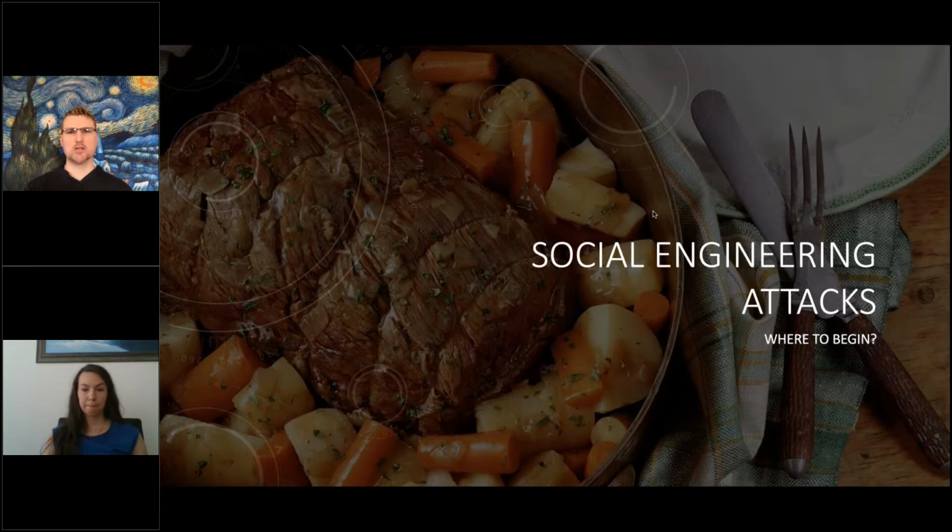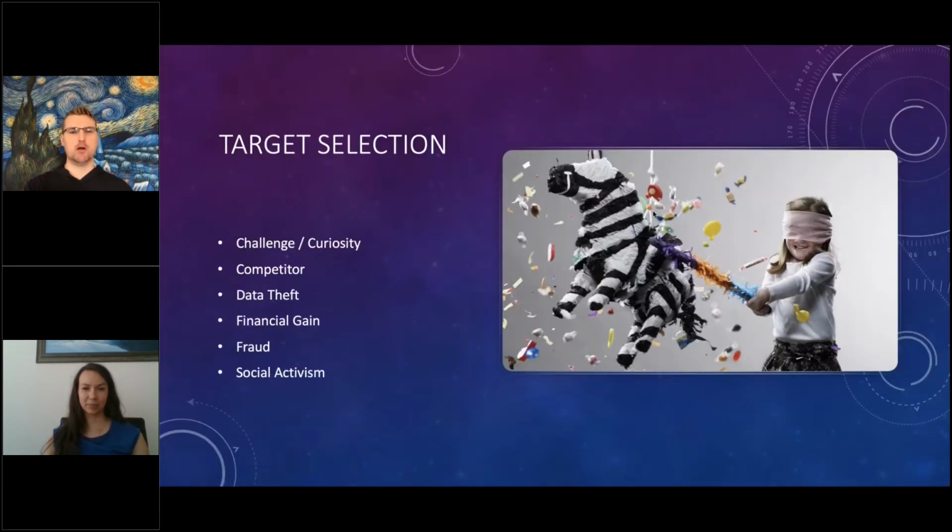Okay, we're going to get into the meat and potatoes of a social engineering attack. The first stage is target selection. There are lots of different motives as to why an attacker picks a specific target. Sometimes it's attacking a competitor to try to get business. Sometimes it's to ruin their reputation.